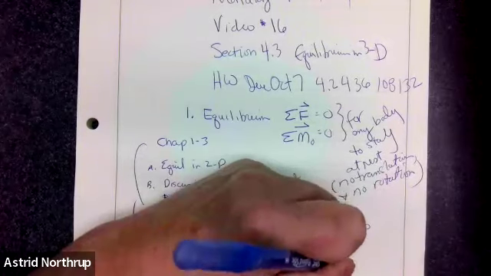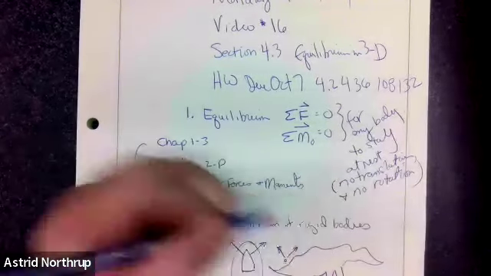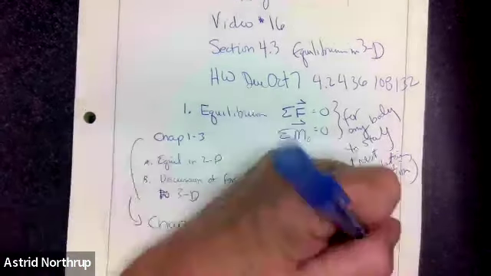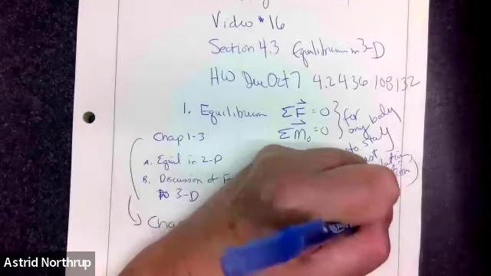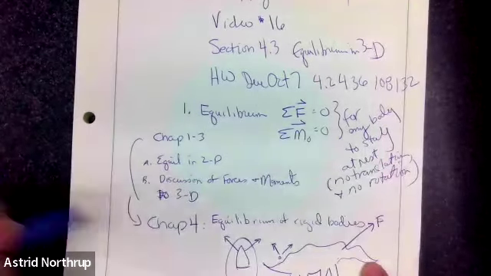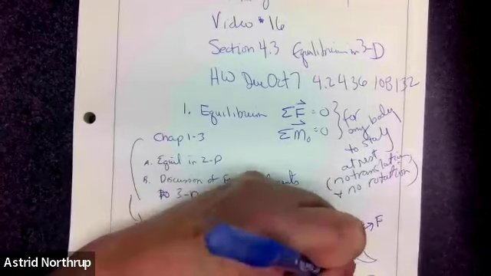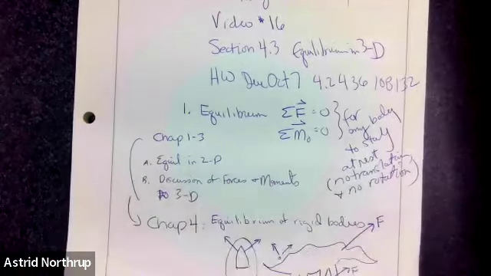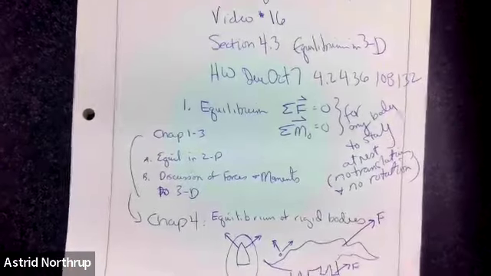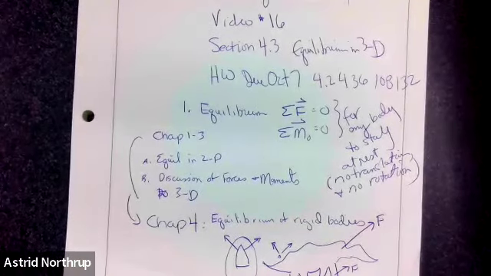I don't know why I'm thinking about an elephant today, but if you have an elephant, right, rather than a point, if you pull on the elephant like this, it's going to be different than if you pull on the elephant like this, right? Something is going to move differently.